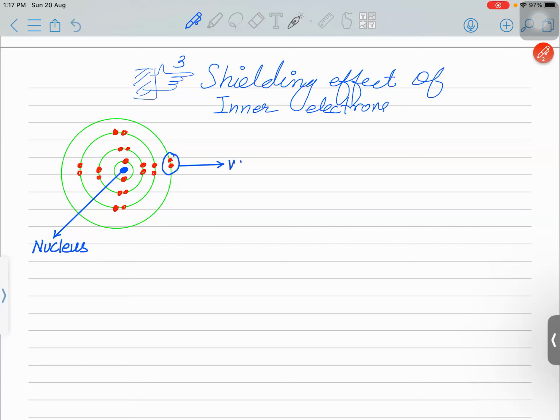You can see that these two are valence electrons. While all these other electrons are called inner electrons. So the electrons between the nucleus and the valence shell are called inner electrons.